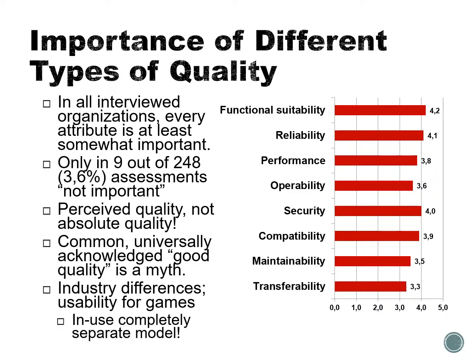So in this sense, keep in mind that universal common good quality is a myth. You have to define what you need to measure, how to measure it, and how to use this measurement to improve your product, your process, and your maintenance activities.